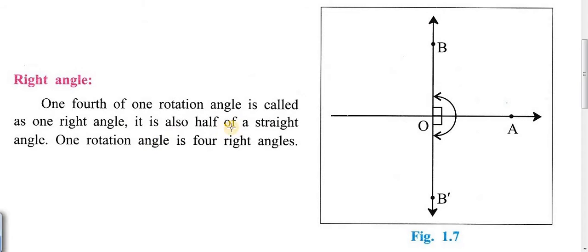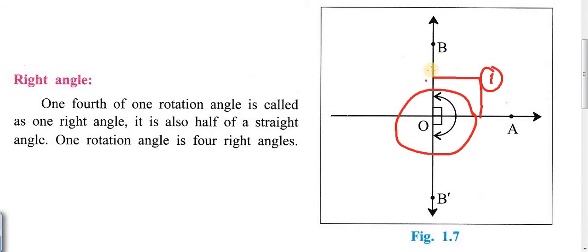Next is right angle. 1/4 of one rotation angle is known as one right angle. It is also known as the half of a straight angle. Now if this is a one rotation angle, now this one rotation angle is divided into four equal parts.